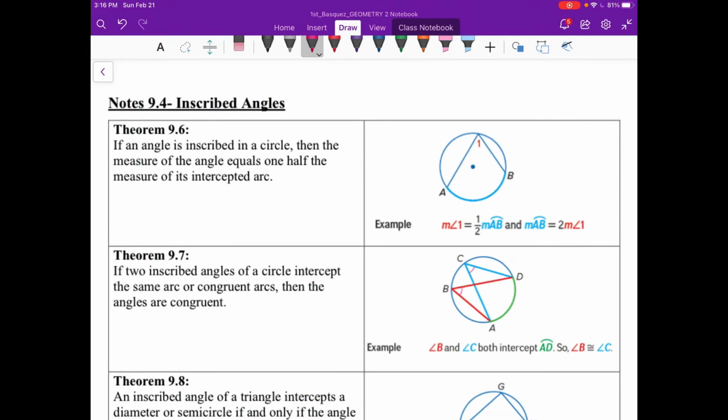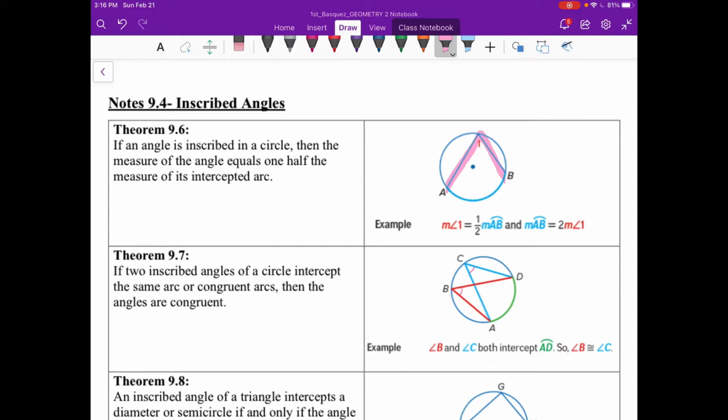In this section, we'll be talking about inscribed angles and tangents. So first for inscribed angles, we have a few theorems that we're going to go through. First, if an angle is inscribed in a circle, then the measure of the angle equals 1/2 of the measure of its intercepted arc. So here is an inscribed angle. It's an angle inside the circle.